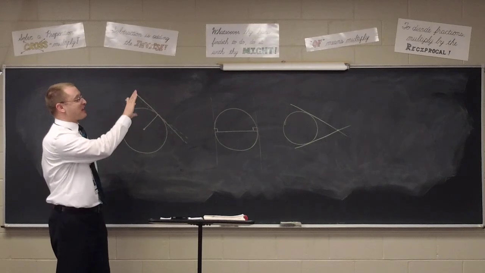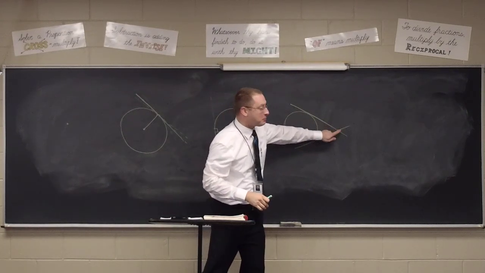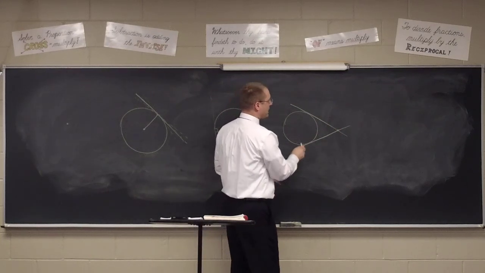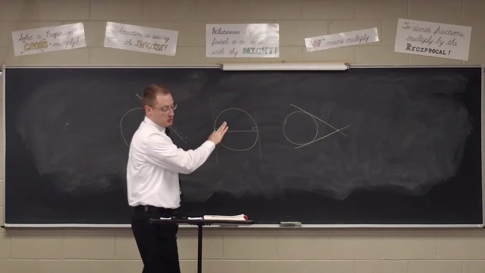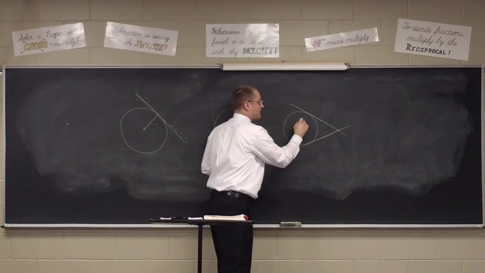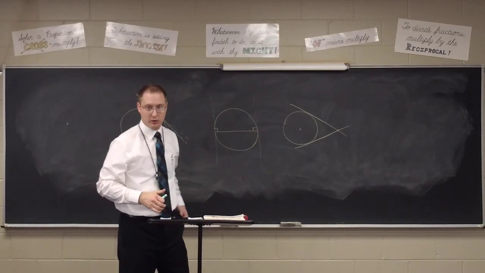So if you've got two tangents to a circle and they're meeting at a point, they're not parallel to each other. They're not at the ends of a diameter. If two tangents to a circle meet at a point, the center of the circle is in the bisector of the included angle.